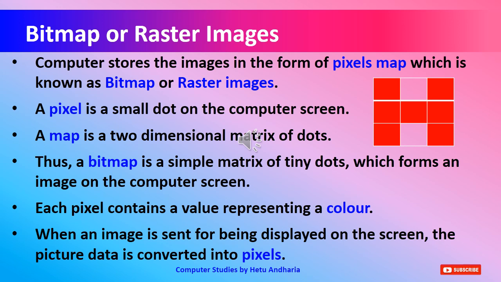In that mathematics book, if you want to write the alphabet H, see, I have given an example here. I have drawn 9 squares. In those 9 squares, I have filled red color in some of them to display the alphabet H. So the same is the mechanism here.